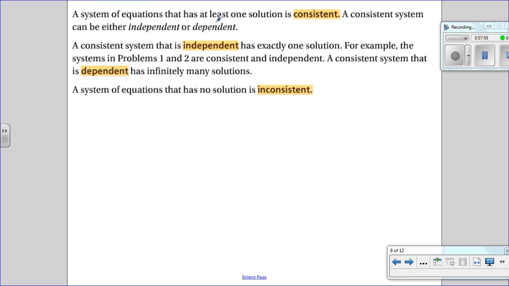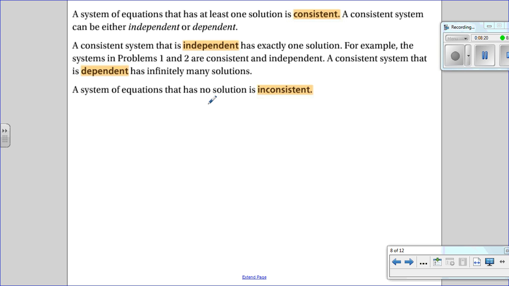So a system of equations that has at least one solution is called consistent. Those consistent systems, I would write this whole thing down, can be either independent or dependent. A consistent system that is independent has exactly one solution. And so far that's what you've seen.